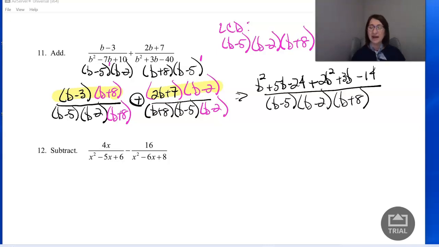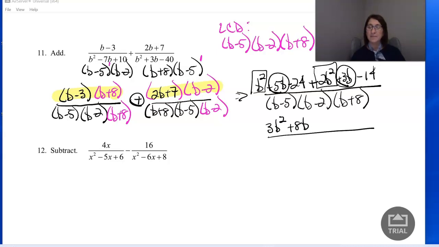All right, so now I can combine like terms. I've got a b squared and a 2b squared to give me 3b squared. And then I have a 5b and a 3b to give me 8b, and minus 24 and a minus 14 gives me a minus 38.